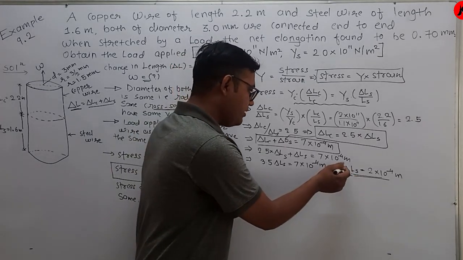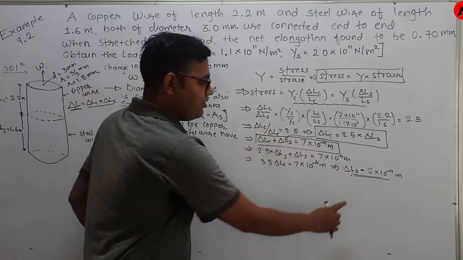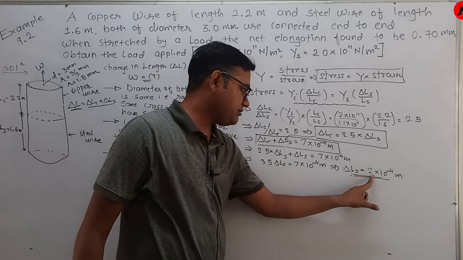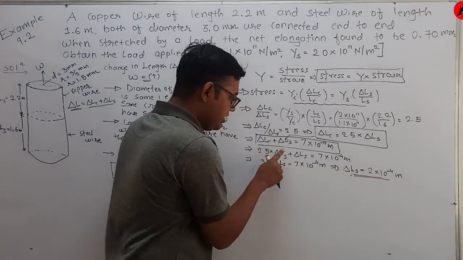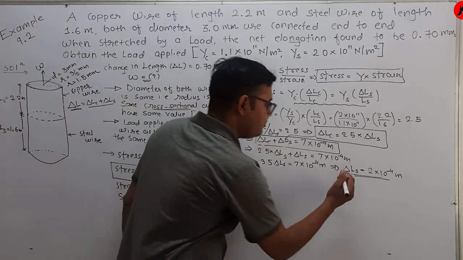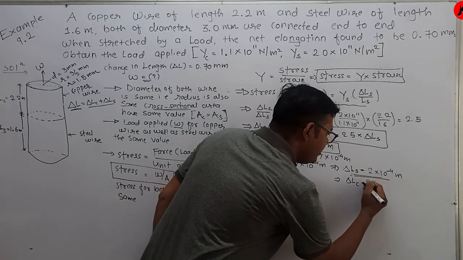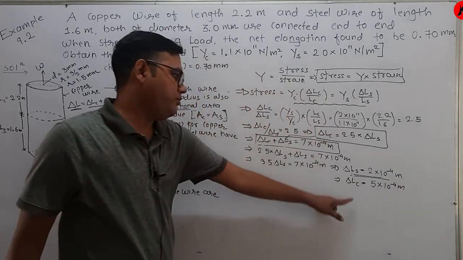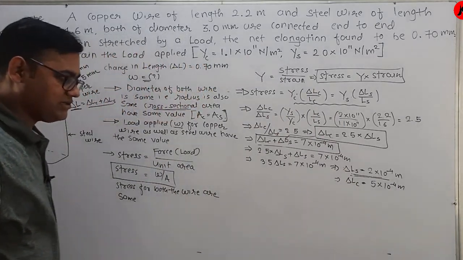Put this value of delta LS in this equation, and we will get delta LC, which can be calculated as 5 into 10 raised to minus 4 meter. So here we have both the values, delta LS as well as delta LC, right?